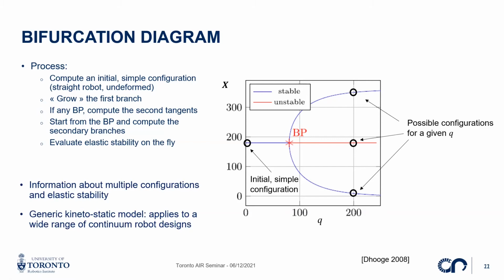And we evaluate stability on the fly with the Hessian matrix that I did not detail before. So we obtain a graph, basically a map of possible configurations for the robot, which contains the information we need: the elastic stability of this robot, but also the possible configurations it can have during the deployment. And we can obtain this bifurcation diagram using our generic kineto-static model, without making a lot of assumptions on the robot design.